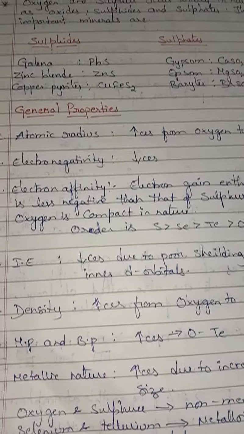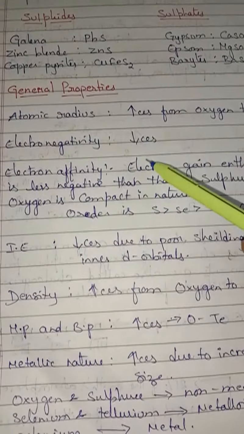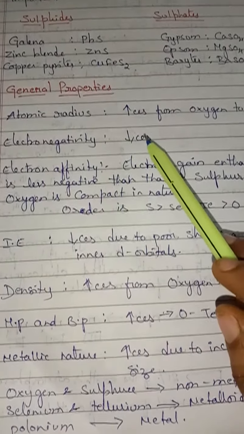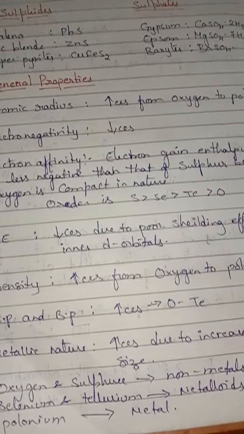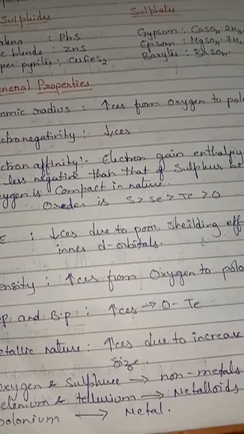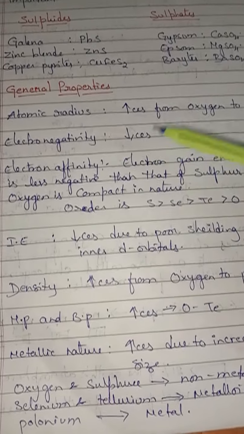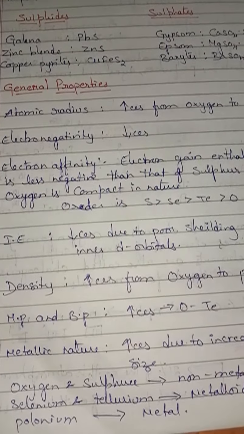Next comes electronegativity. So what happens to the electronegativity? Electronegativity decreases. In the previous class also we have discussed why electronegativity decreases. Electronegativity means the pulling capacity of an electron towards the nucleus. So if you move down the group, the atomic number increases, the number of shells increases, and the distance between the nucleus and the outermost electron also increases.